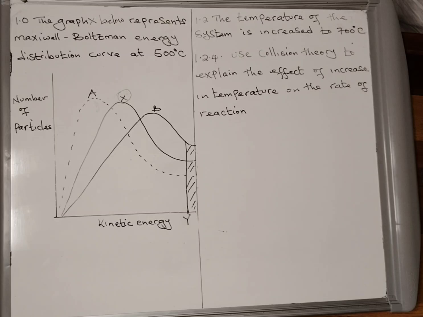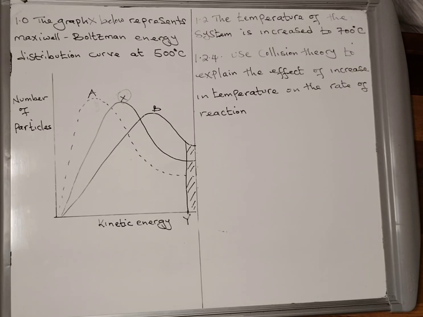So in this case, what does increase in temperature do? It increases the motion of the particles, the movement of the particles. That movement, we call it kinetic energy. So generally, you can say increase in temperature increases the kinetic energy of the particles. And when the particles are moving faster, their rate of collision will be higher.